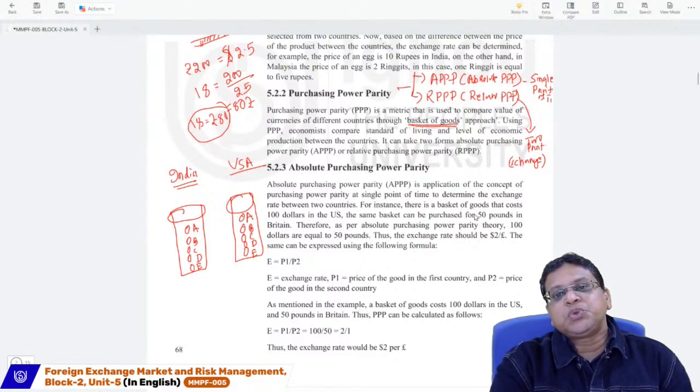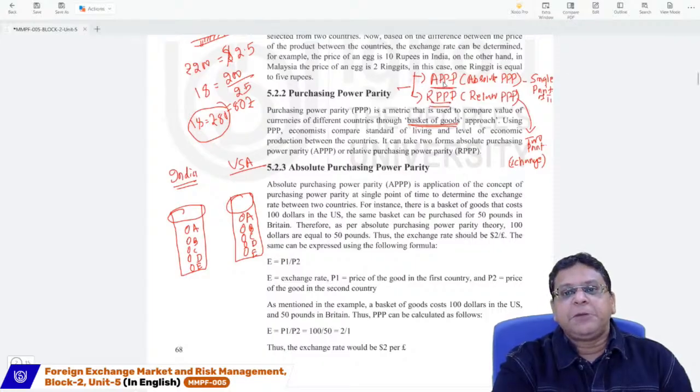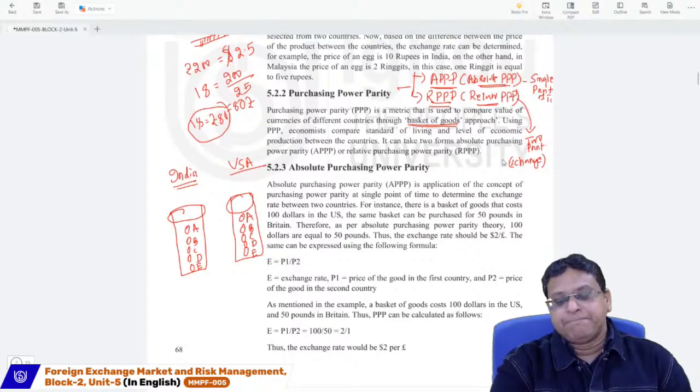So there are two theories, APPP theory and RPPP theory. APPP tells regarding absolute PPP, and relative PPP theory tells regarding the relationship over two points of time, or over a period of time.